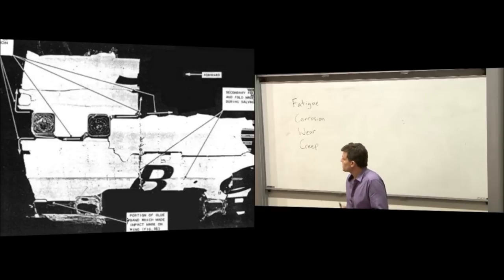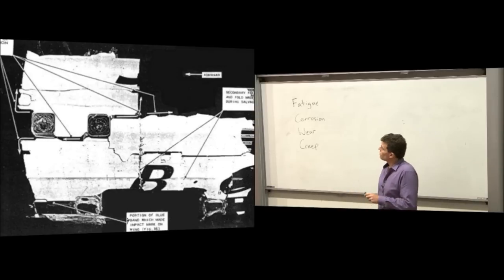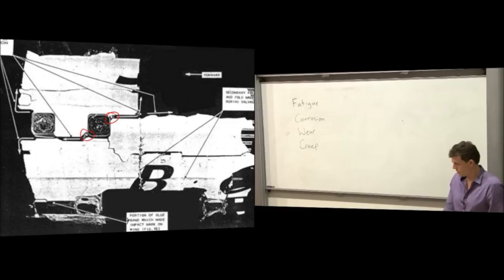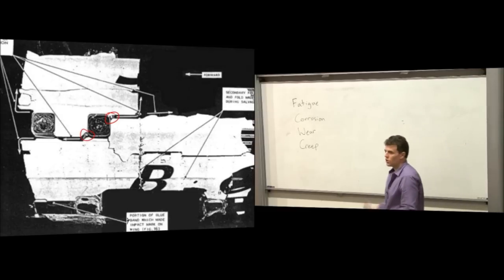But all of a sudden, there was a rash of 3 or so, 4 maybe, that crashed, and they discovered that in all cases, cracking was initiating in these regions in the corners of the windows here.